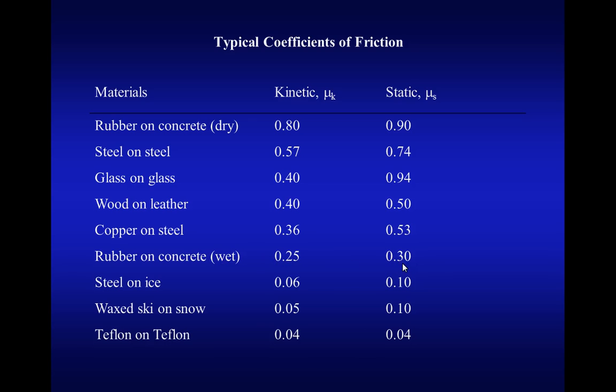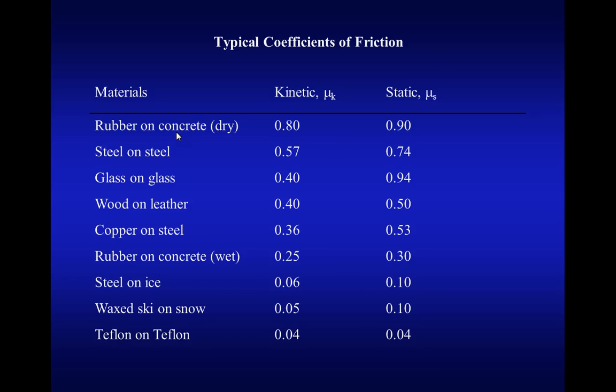I don't know if you've spent any time thinking about this. Winters in New England will make many of us think about this, but we need friction in order to drive our cars, right? So these are pretty high coefficients of friction.